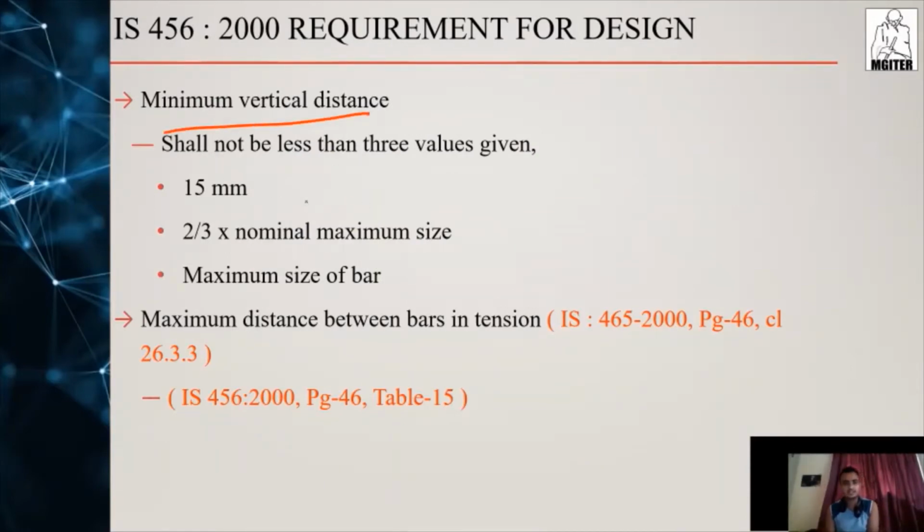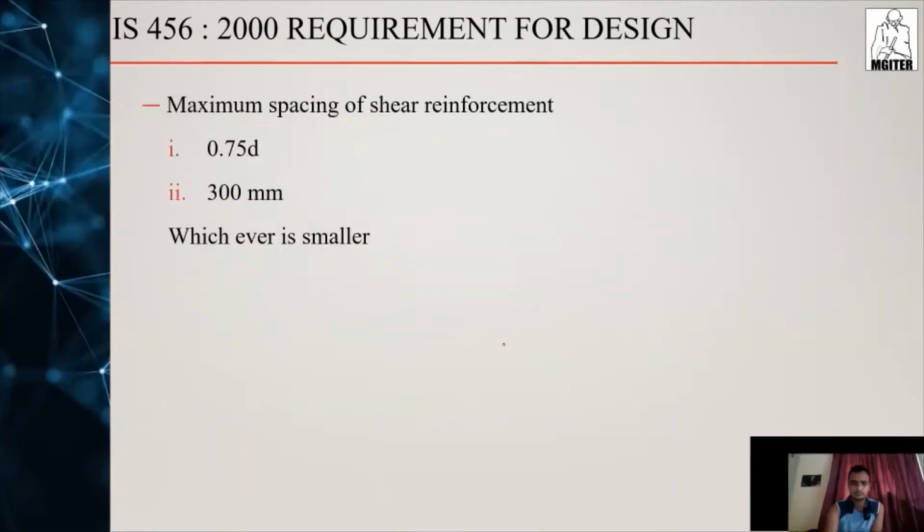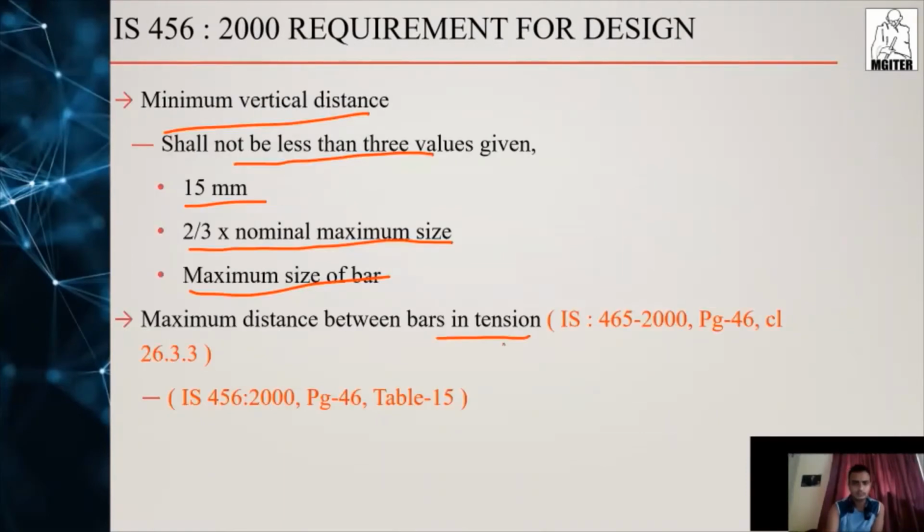Then after, minimum vertical distance shall not be less than three values. First is 50 mm, 2/3 of nominal maximum size, and maximum size of bar. These are the three values. Then after, maximum distance between bars in tension.